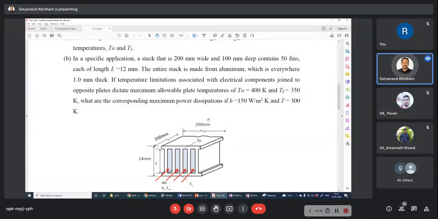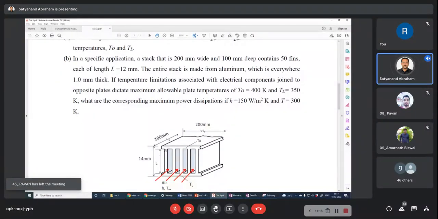Out of the 200, 1 mm is the thickness for each fin. So what is the total area taken by the fins? It depends upon the number of fins, so 1 into the number of fins is the total area taken by the fins. Suppose you have n number of fins, then the total area taken by the fins attached to the base is n into 1.